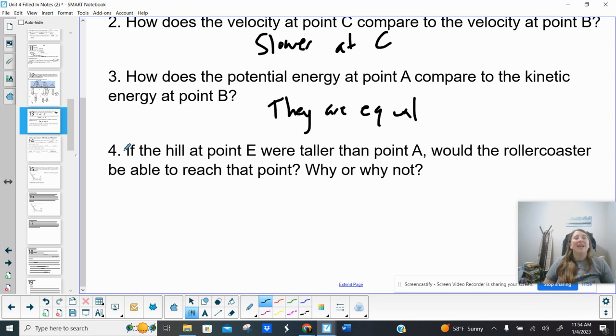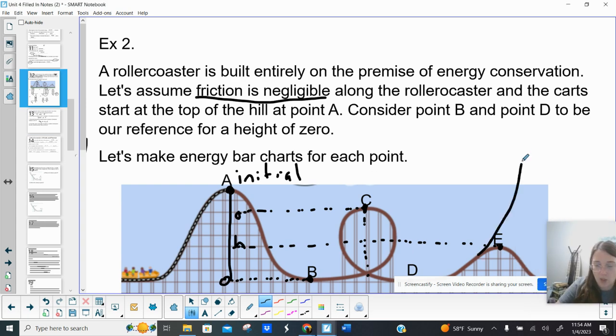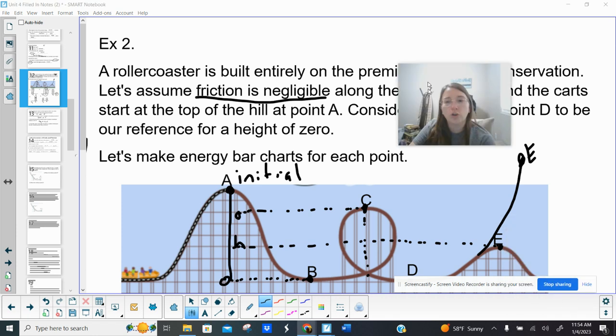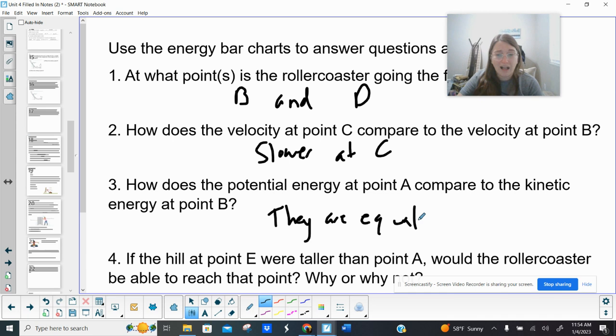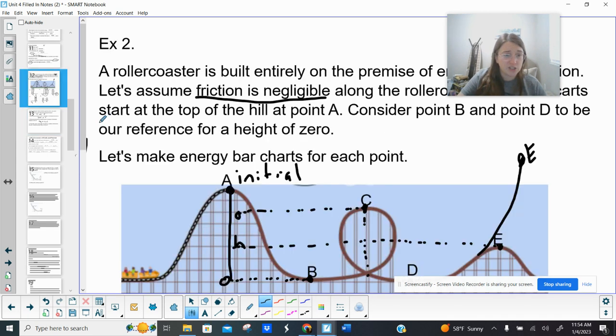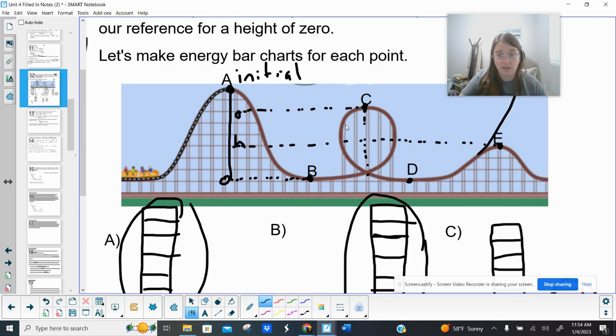Now it says number 4, if the hill at point E were taller than point A, so let's say that this hill goes all the way up here. Here's point E. Do you think the roller coaster would be able to reach that point? Why or why not? Well, by the law of conservation of energy, we only had 6 units of energy to start with.